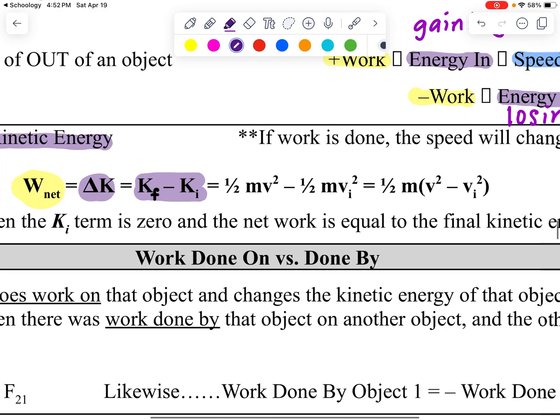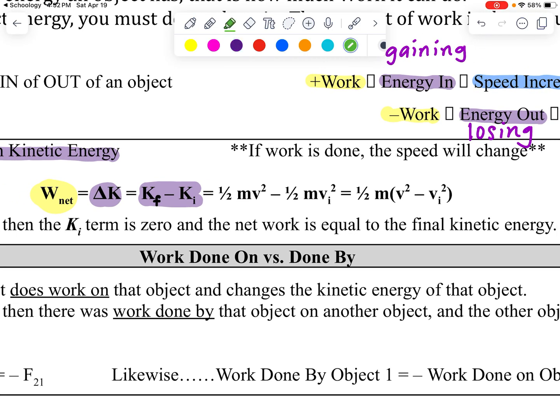What you'll notice is your masses stay the same. I'm going to do mass as green. Notice the mass is the same, right? What's different are the velocities.